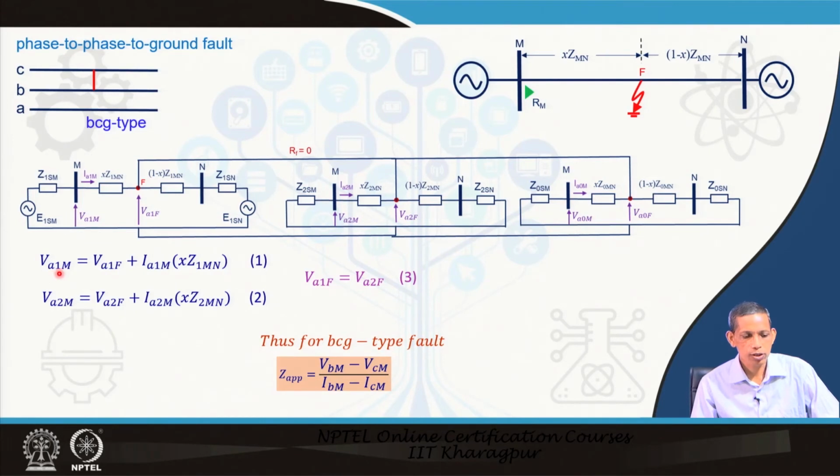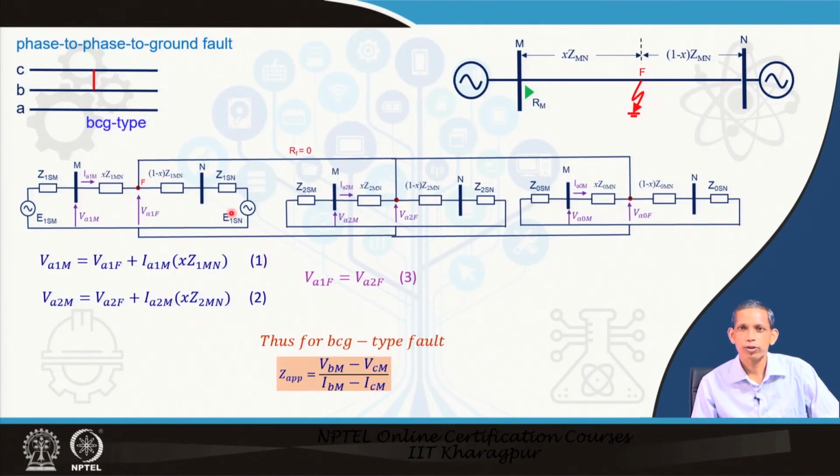Now, here also V A 1 M equals V A 1 F plus this drop, and V A 2 M equals V A 2 F plus this drop. So, these three relations are the same relations that we saw for the phase B to phase C fault also.